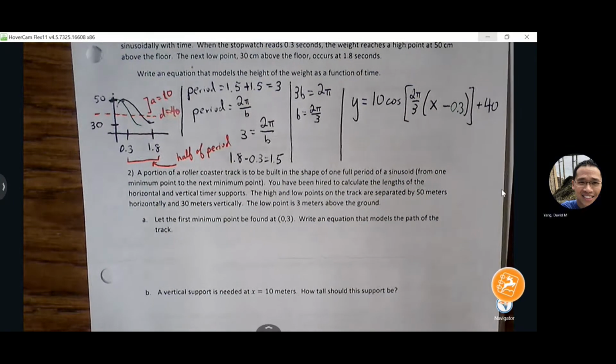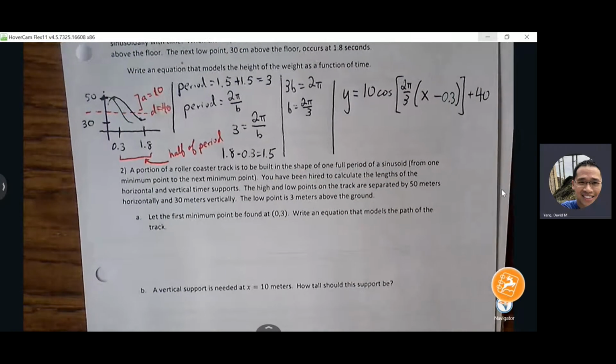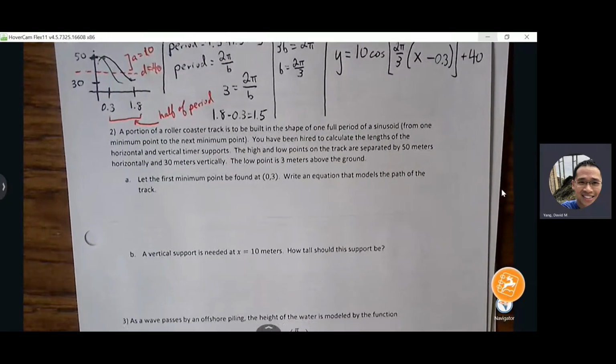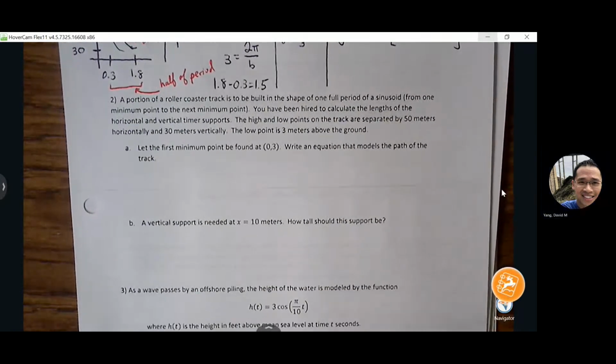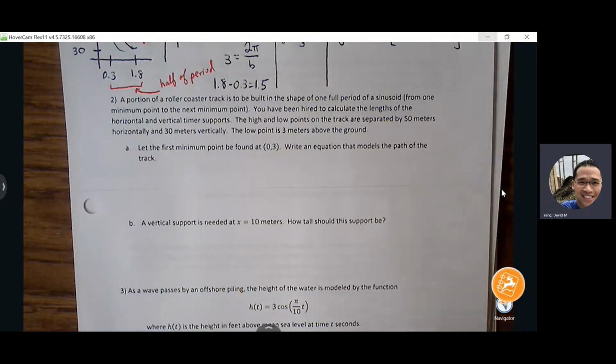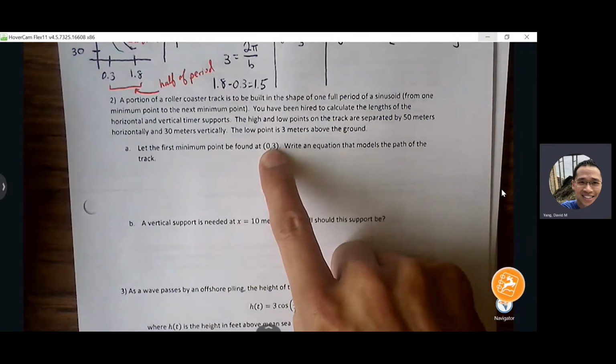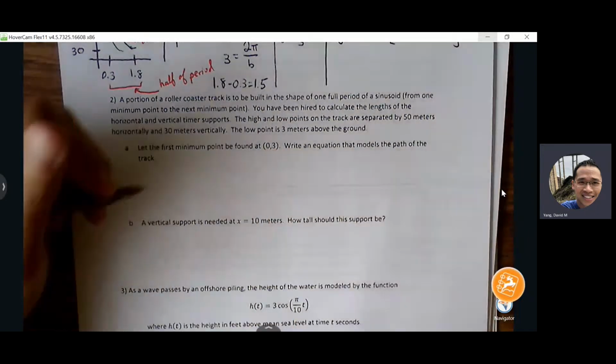Okay, number 2. Roller coaster. The nice thing is they tell us that it's starting at the minimum.